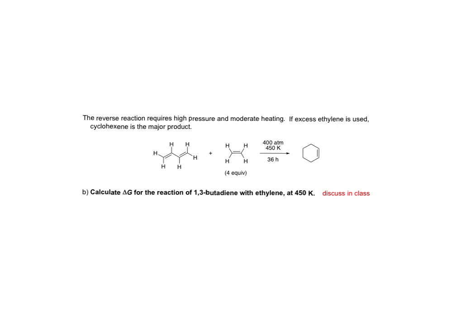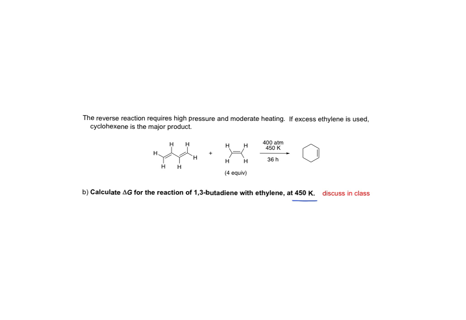So please come to class having calculated delta G for the reverse reaction, which is actually a forward Diels-Alder cycloaddition. But please calculate delta G at a temperature of 450 Kelvin.